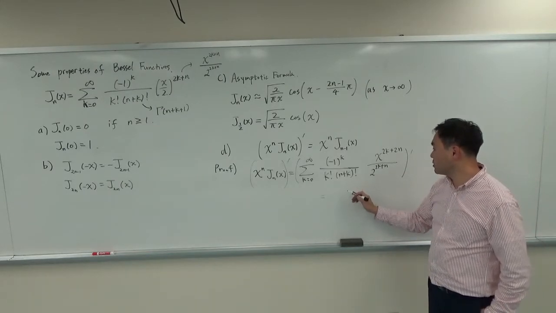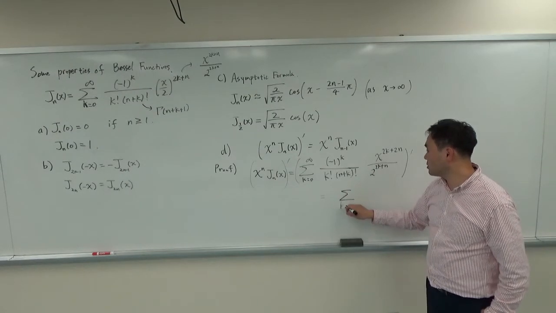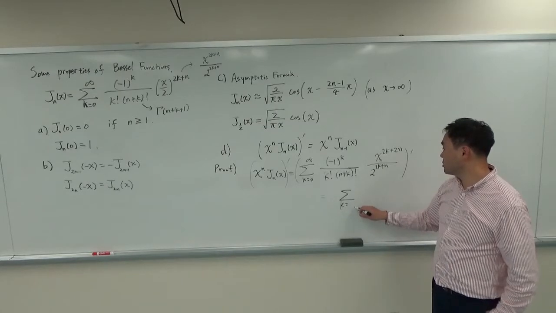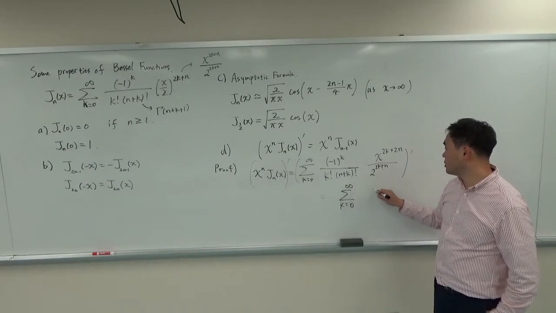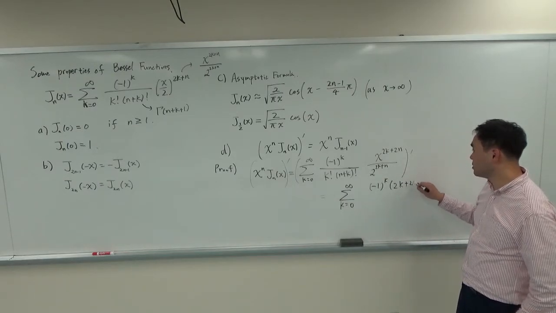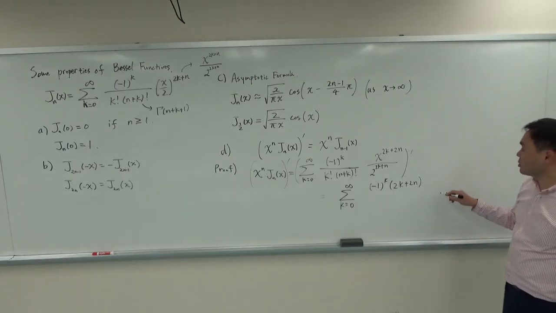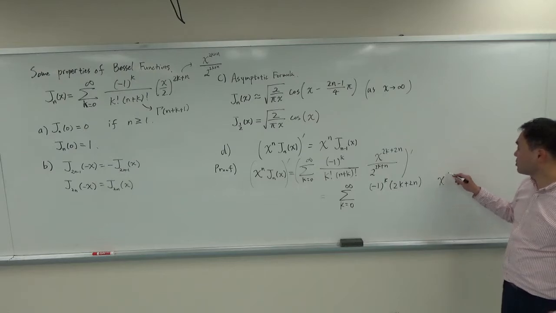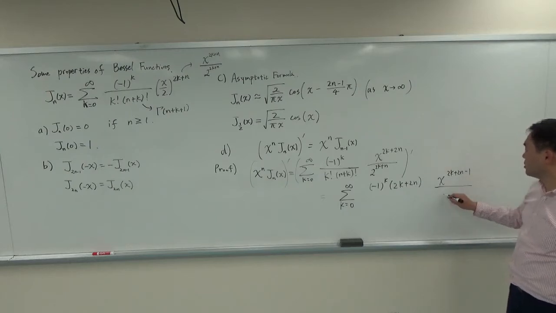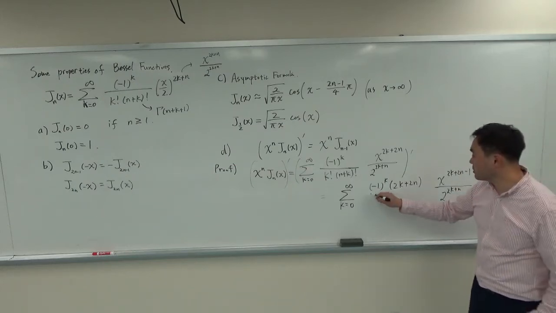So you have the summation of k goes from 0 to infinity of (-1)^k, 2k plus 2n comes up, and then you have x to the 2k plus 2n minus 1 over 2 to the 2k plus n. Okay.